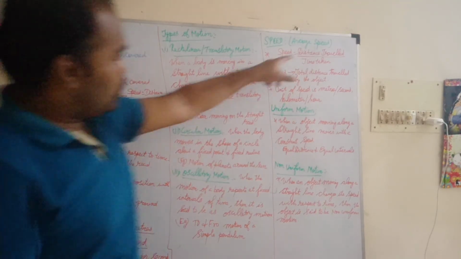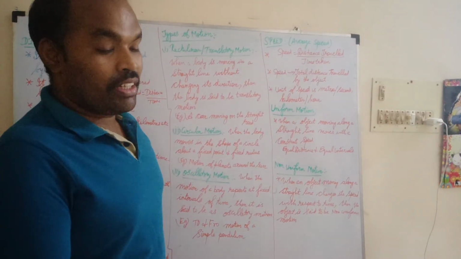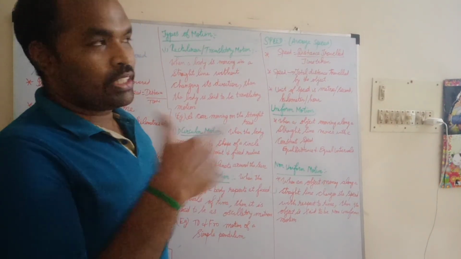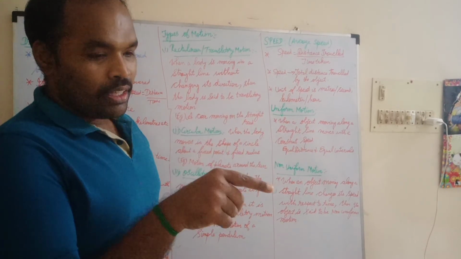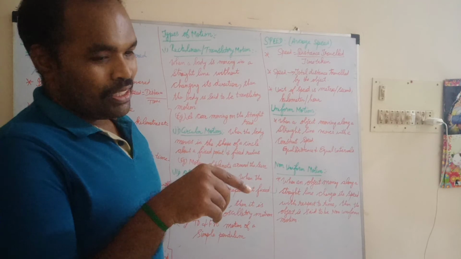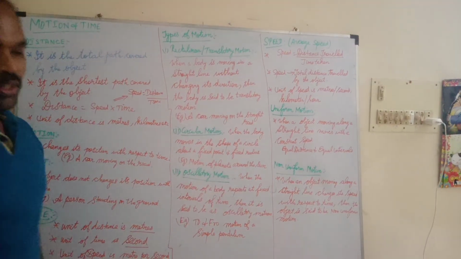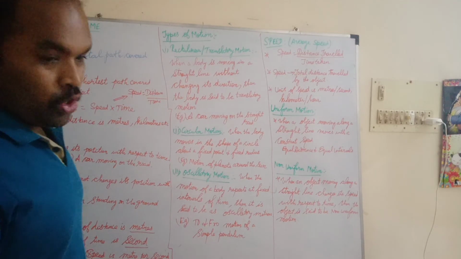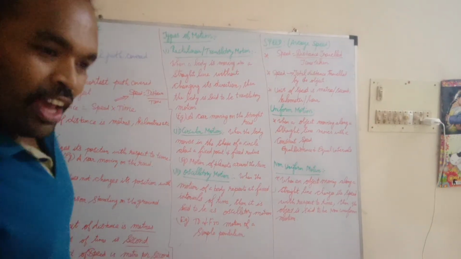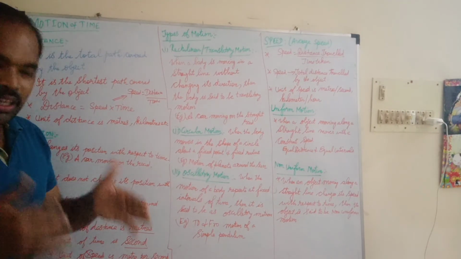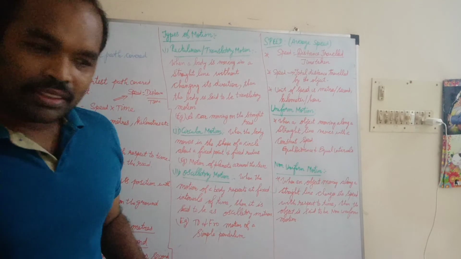Correct. Distance traveled is 6 kilometers. 6 by 600 is 1 by 100, equal to 0.01 meter per second. So for 1 second, you have covered 0.01 meter. Have you got it? This is the real-life thing we read in physics.